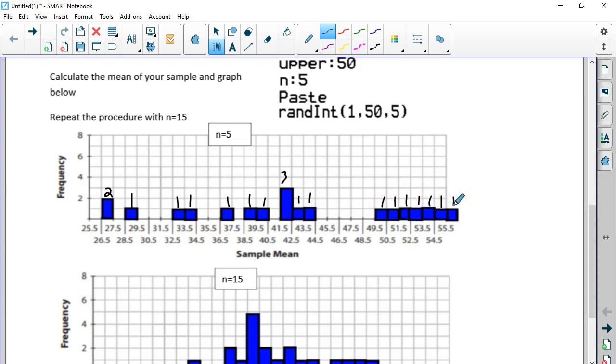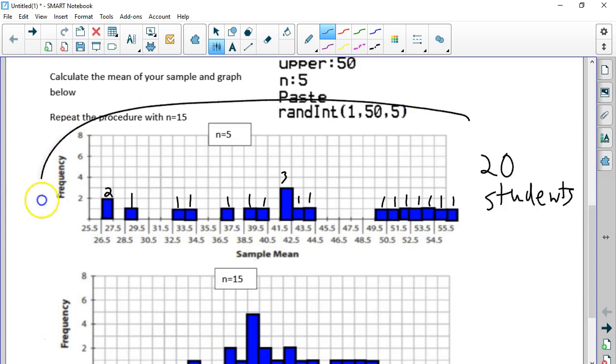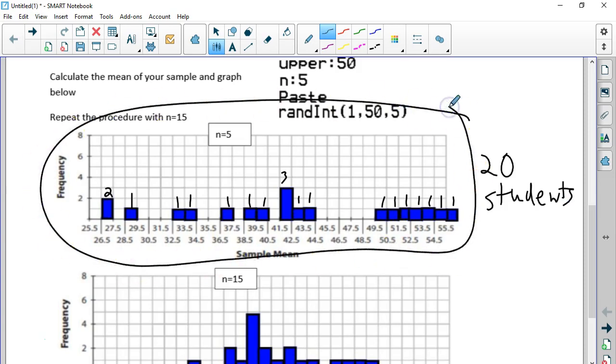Okay, so let's pretend that as a class, we all did 5 random people from this list, and then I gathered up 20 people from my class to tell me, what did you get for an average age? So this is, say, a class set. This right here is a class histogram of 20 students after everybody did a sample of 5.